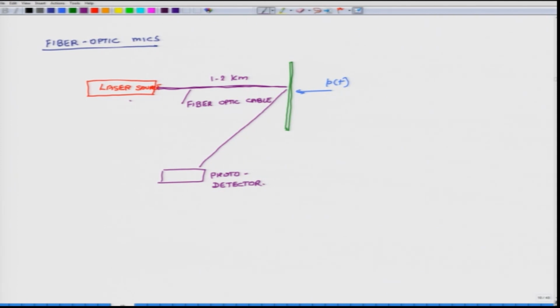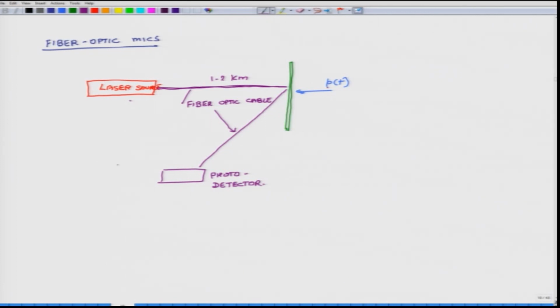You have a photo detector. So, this is also a fiber optic cable. Okay. So, the principle is that as pressure changes, the diaphragm moves back and forth, and the intensity of the light received by this collector cable changes, right.